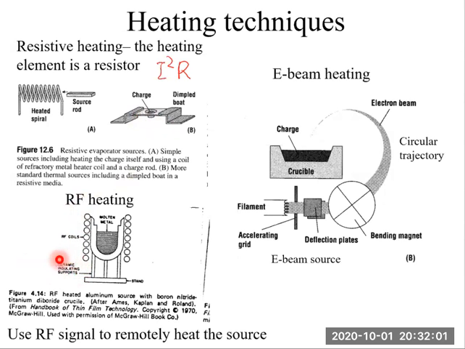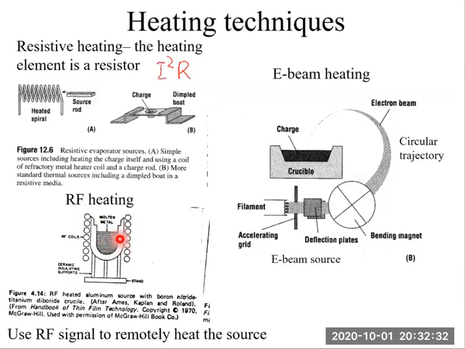The second heating technique is RF heating. We use an RF signal to remotely heat the source. We use an RF coil, and we can see that this boat or this crucible is surrounded by RF coils. The RF coil is not in direct contact with the charge.